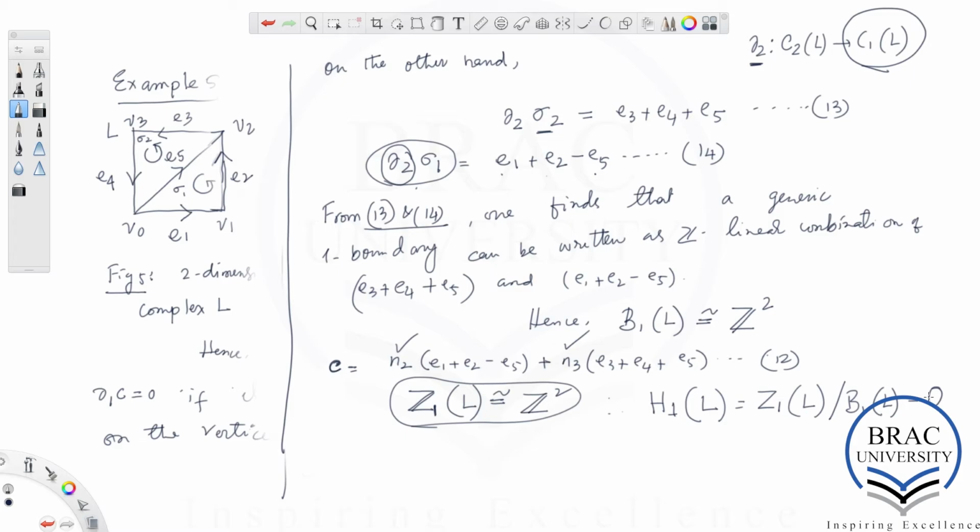So now, since there are no three simplices in L, we see that the dimension of this simplicial complex is 2. So there are no three simplices in L. Therefore, C3 of L, the group of three chains on this complex L, is equal to 0 by definition.